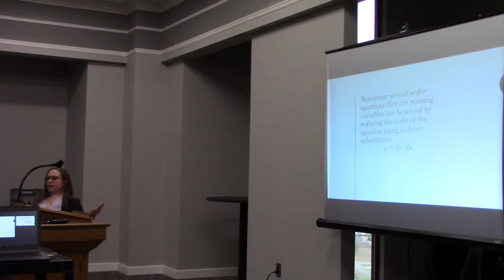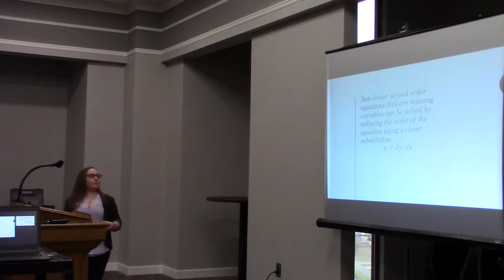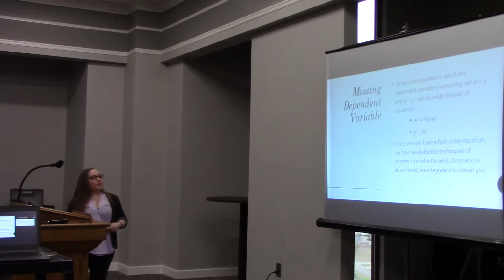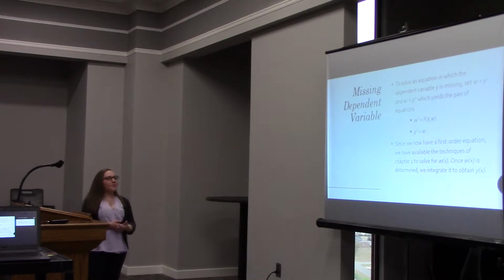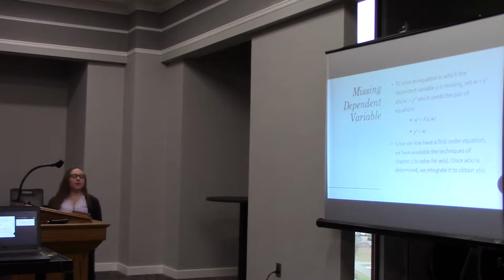Using that, we can use the first derivative of w for the second derivative of y. So if we're missing our dependent variable, we let w equal y prime and w prime equal y double prime. So we get these nice little equations, and it makes everything flow pretty seamlessly.